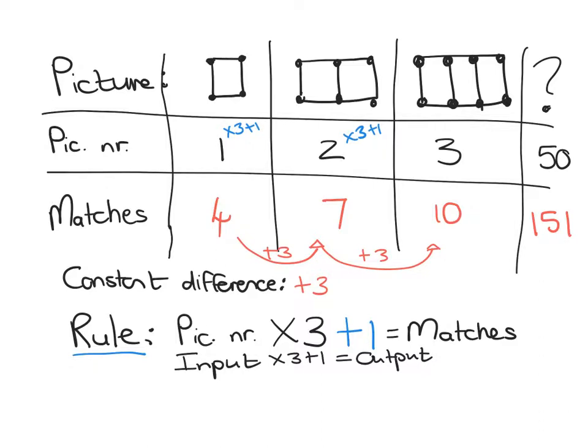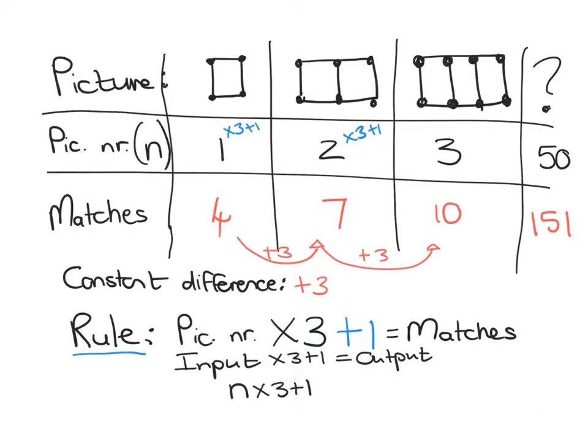And now we can even shorten that further because sometimes we call the input n. I've seen that in our textbooks as well. Sometimes they like to use an n or an x. But I would say it could be n. Let's use n. N times 3 plus 1, and that'll give me my output number.